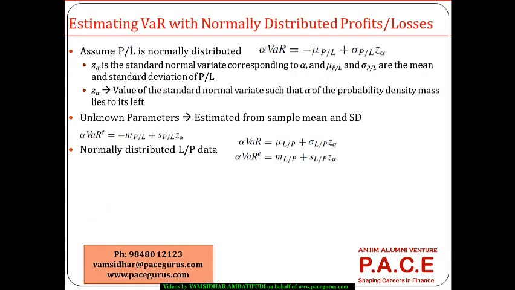Now if I am assuming that the profit or loss is directly normally distributed, the simple way for me to compute, let's say, the alpha VaR, where alpha is my significance level or confidence level. Here I am looking at an alpha of 95%.